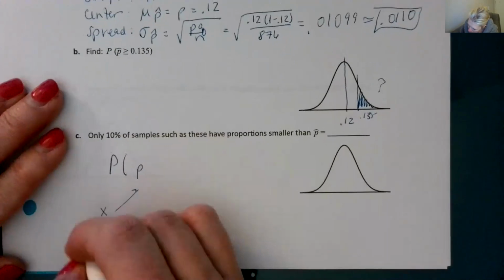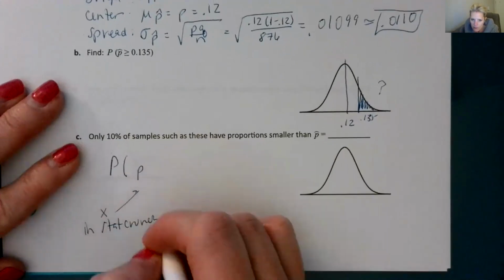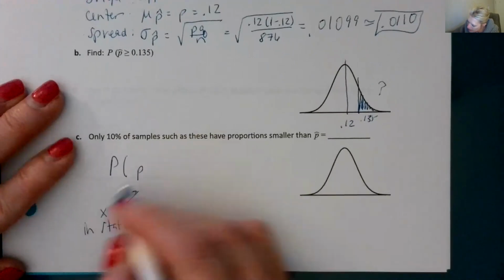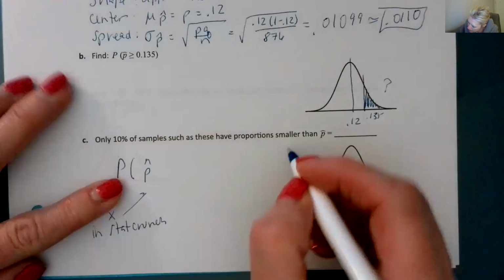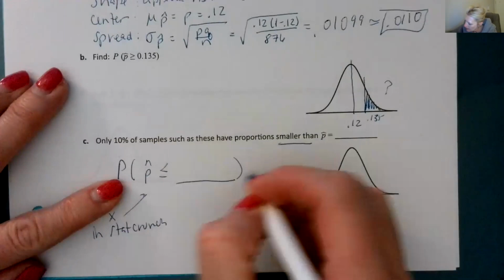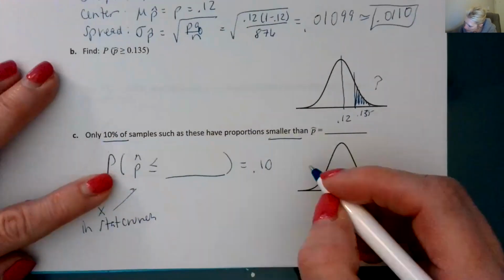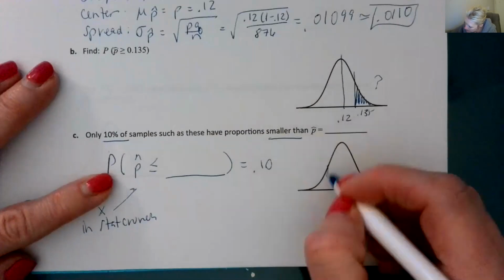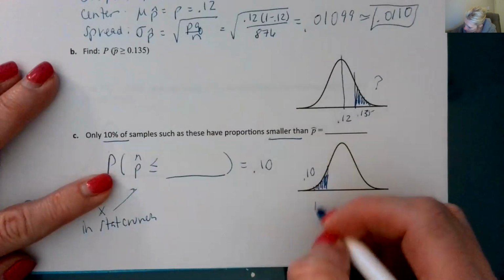StatCrunch always uses the symbol x, but for what we're doing here it is really the p hat, and it says smaller, so it's going to be a less than. We know it's 10% of the samples, so 0.10. So 10% of the samples are smaller, so we're looking for something over here, and we're trying to find that p hat where we know the center is at 0.12.